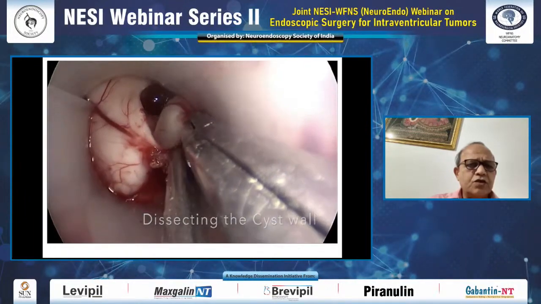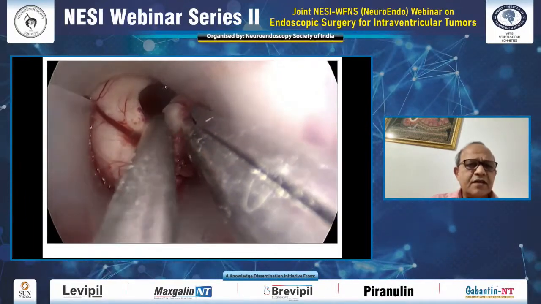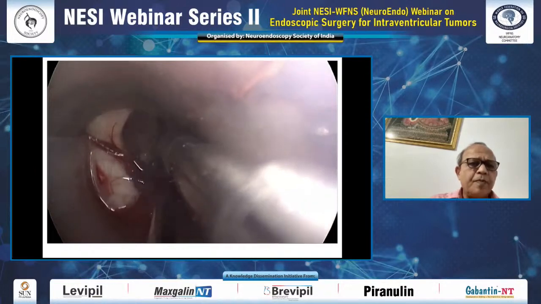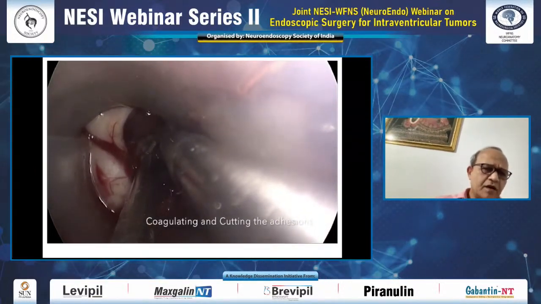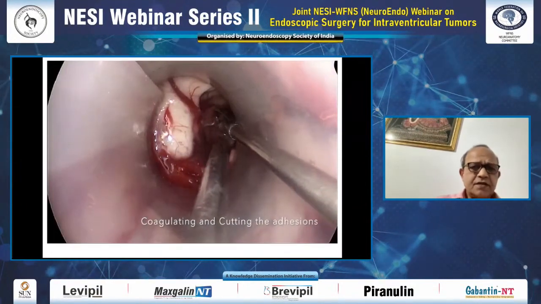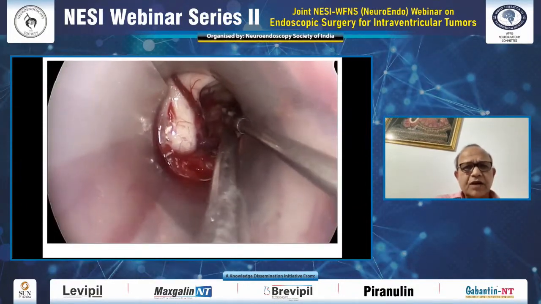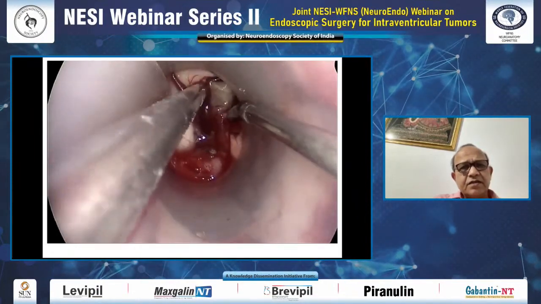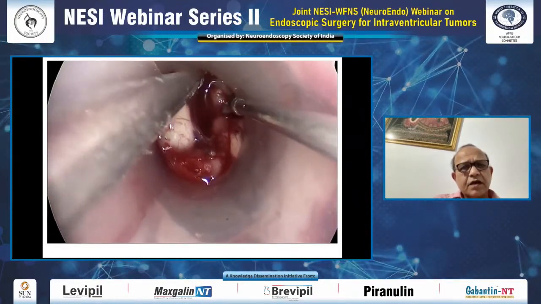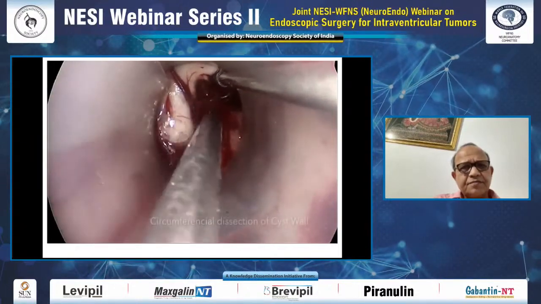Using two instruments, one can dissect the cyst wall from the rest of the choroid plexus, and using the bimanual technique, the adhesions can be cut using scissors.